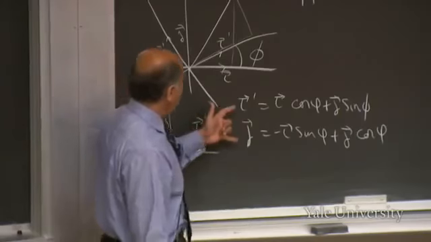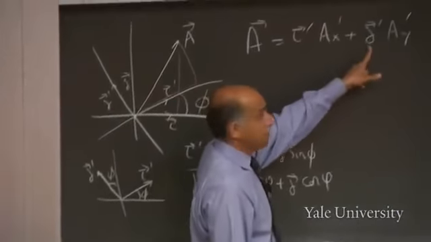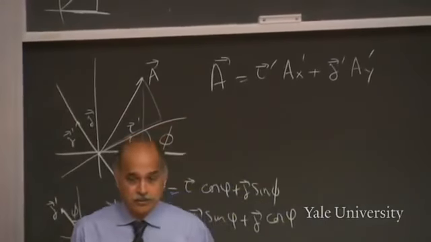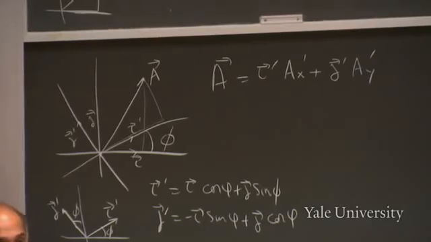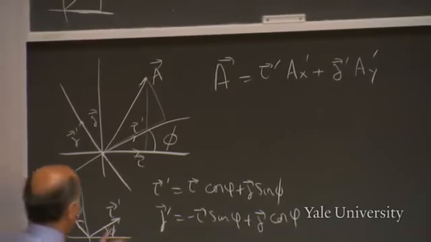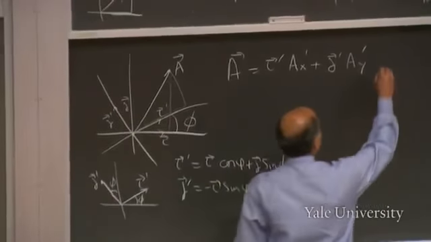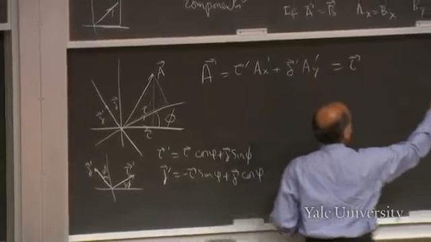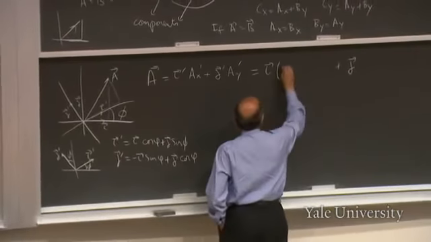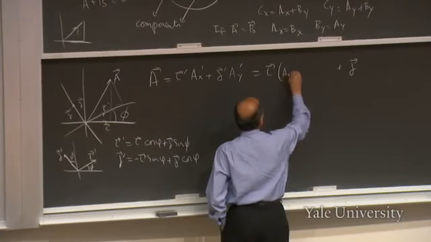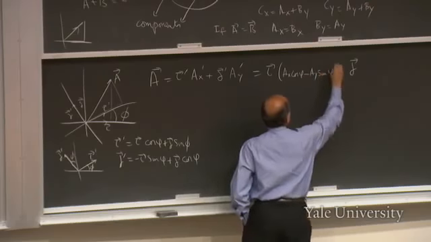So imagine taking i prime and j prime and sticking them here and here. Do this in your head and ask, what can I possibly get? i prime and j prime have been banished. Everywhere they're replaced by i and j. So you can now collect the whole expression as something i plus something j. And what you will get for i will be ax prime cosine phi minus ay prime sine phi.